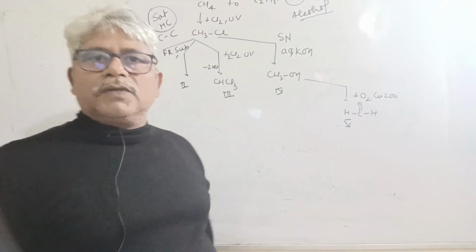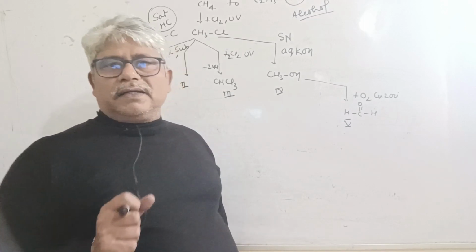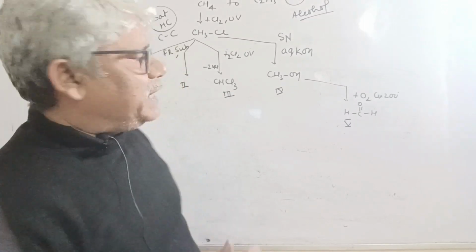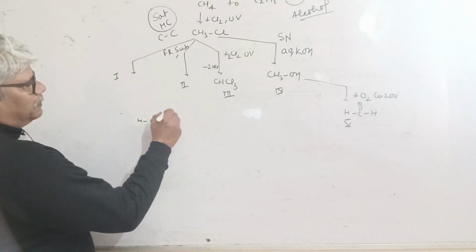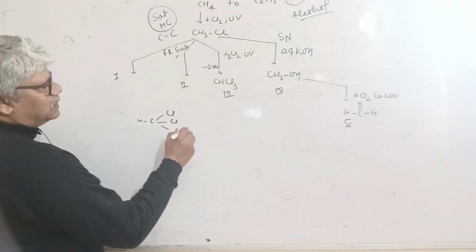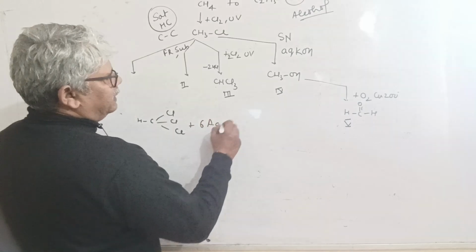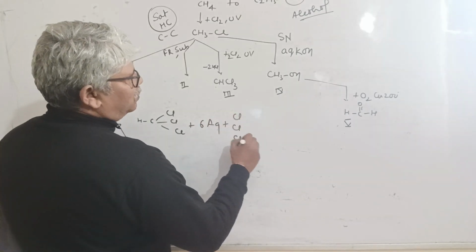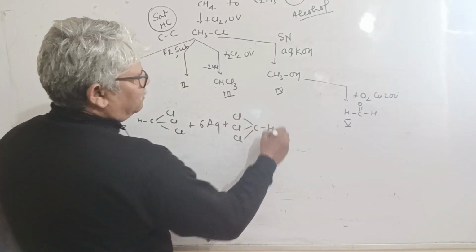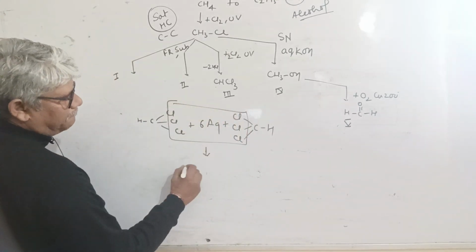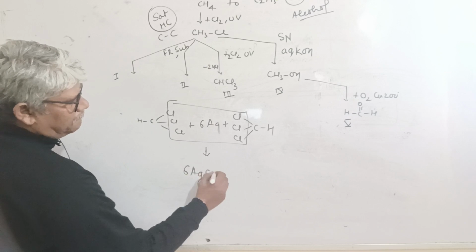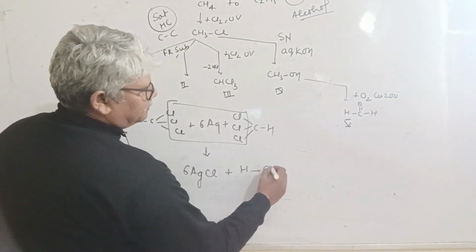Now in the third method, we convert methyl chloride further to chloroform, and in chloroform you add 6 moles of silver atom with 1 more mole of chloroform to convert to silver chloride and ethyne.